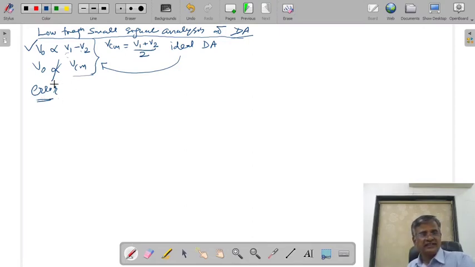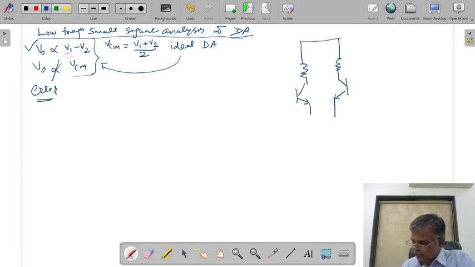So why is this happening? Actually, we have written like this. This is your differential amplifier. This is a basic circuit diagram of a differential amplifier. So many times we have drawn this circuit.